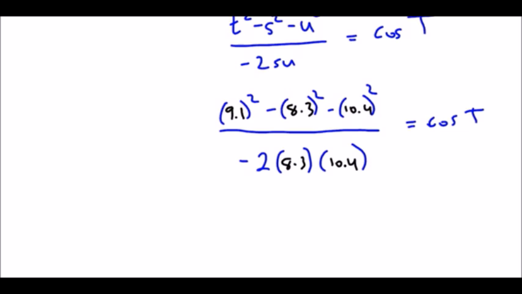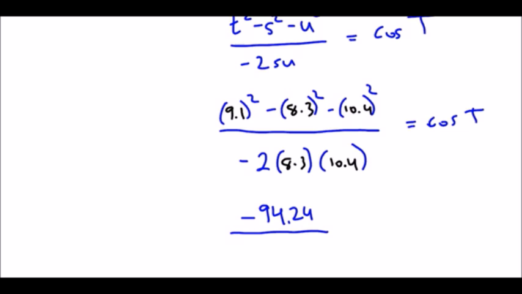So on the top, 9.1 squared minus 8.3 squared minus 10.4 squared. That gives me, in the numerator, negative 94.24. And in the denominator, I'll do negative 2 times 8.3 times 10.4.